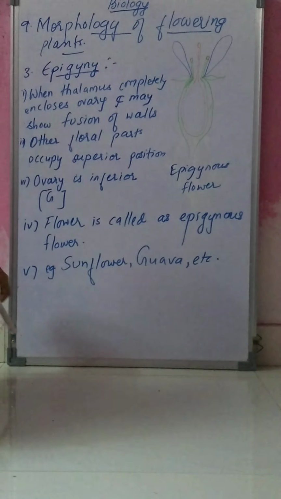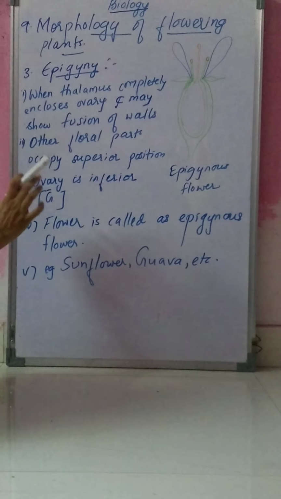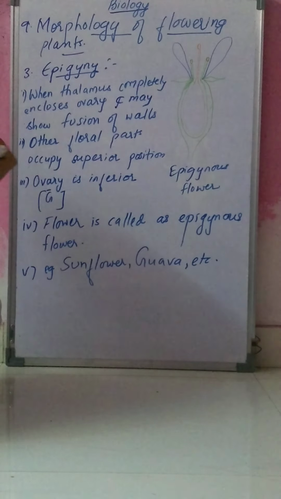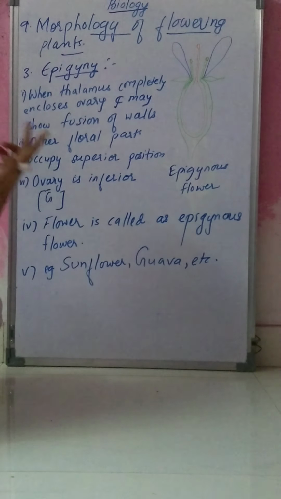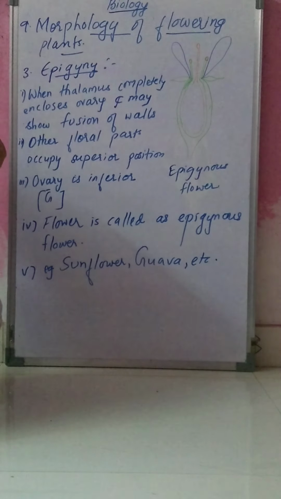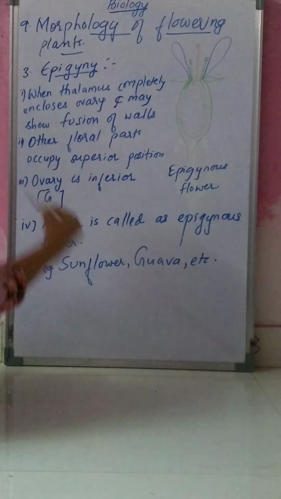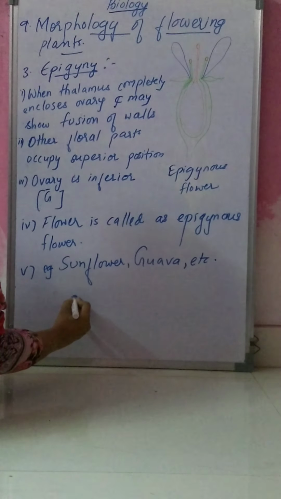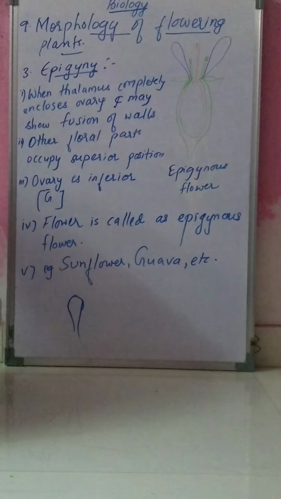So in the insertion of floral whorls we have studied three types of insertion. One is hypogyny, the second is perigyny, and the third is epigyny. In hypogyny, the thalamus is convex or conical in shape.